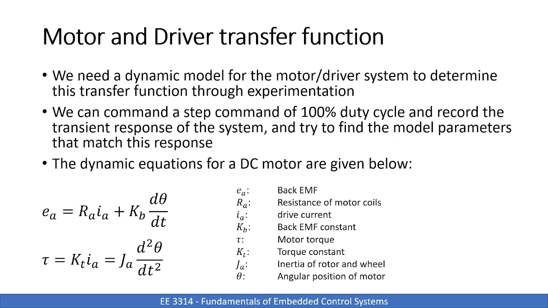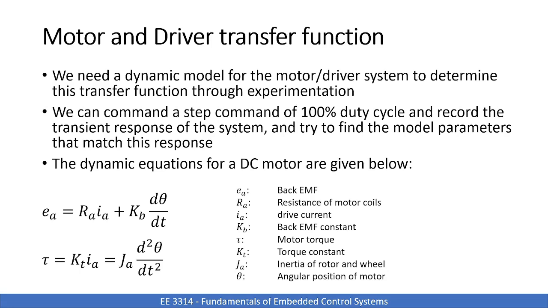Okay, so for the motor and driver, we need a dynamic model for this motor to determine the transfer function. If we can command a step of 100%, like from 0 to 100% duty cycle, and record the transient response of the system, record the RPMs over time, then we can try to find model parameters that match that response.